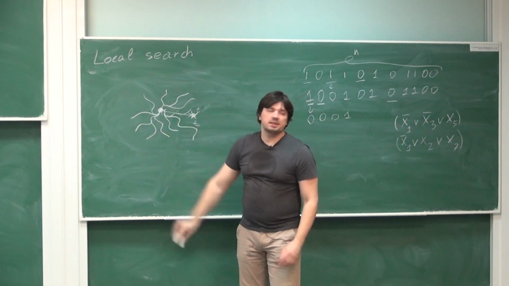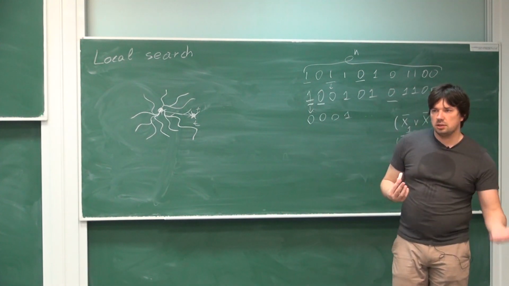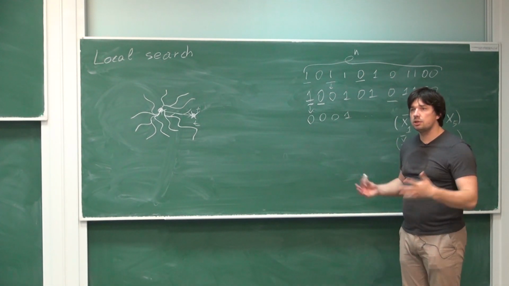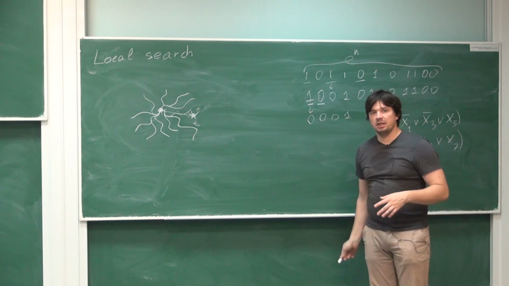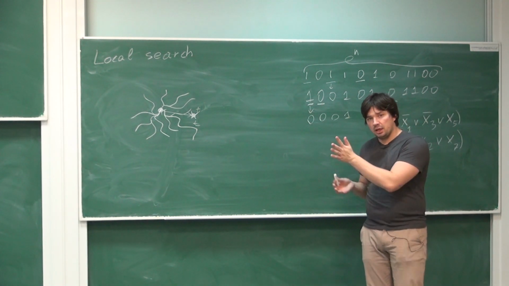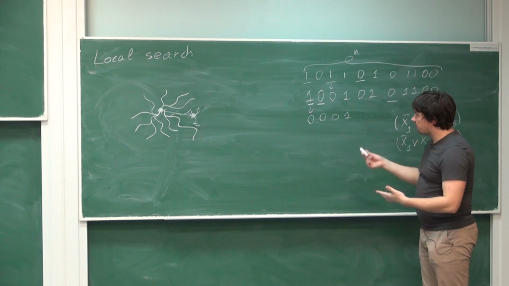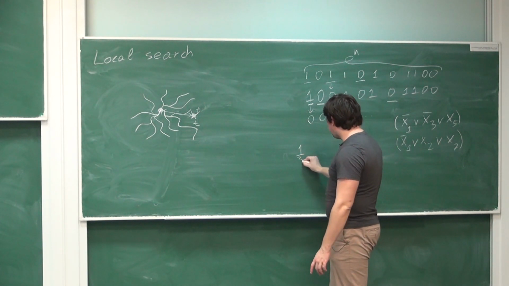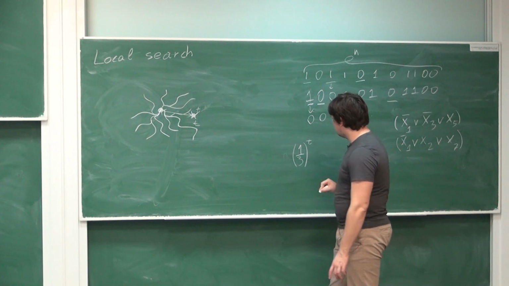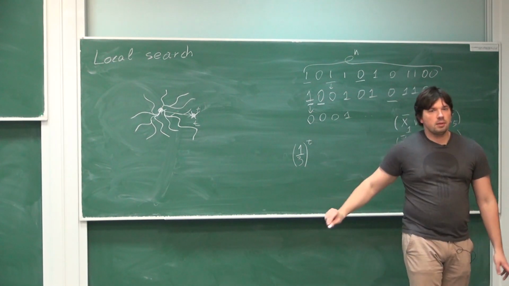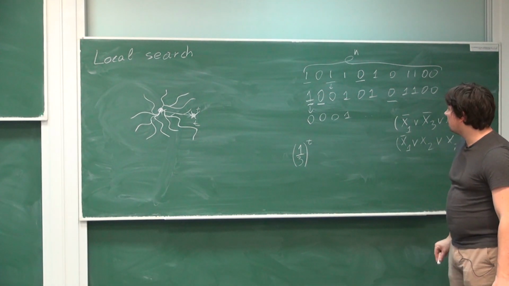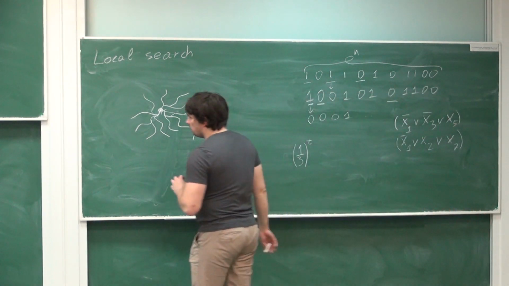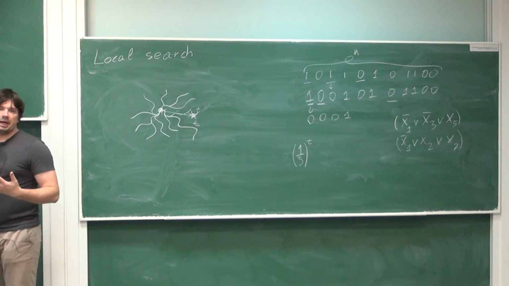Getting closer means the distance to the correct assignment is decreasing by 1 every time. So in total, I will have a chance of 1/3 to the t that I will actually find the correct assignment, if there is one at a distance t. All right. So now my plan is the following.